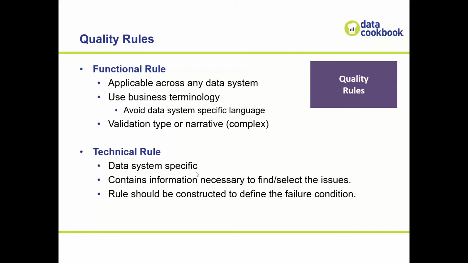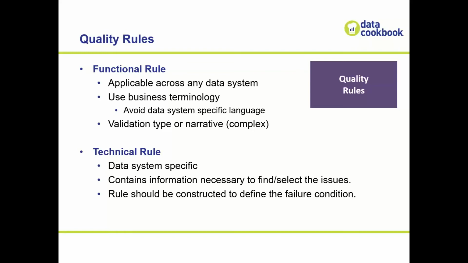And so I think typically what we recommend is that you have functional rules that have one or more technical rules. If you have just a technical rule on its own, it can have an inherent functional rule that defines itself, but technical rules are things that can default from functional. So if I say that all employees must have an active manager, then you say, well, in our HR system, this is how that's set up. In our data warehouse, this is how that's set up.